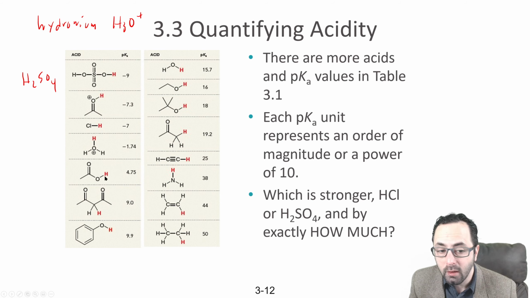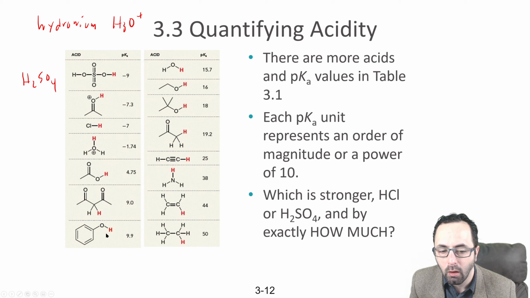Then we have carboxylic acids. So again, you can see there's a carboxylic acid because carbon is double bonded to oxygen, which is bonded to oxygen, bonded to hydrogen. And then a little less strong than that is this structure right here, where we have a hydrogen atom on a carbon in between two of these carbon double bond to oxygen groups, slightly less acidic.